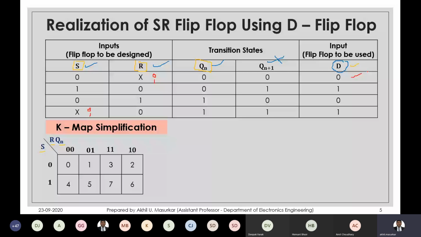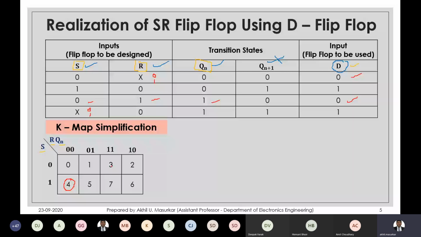Then we have 1, 0, 0. So 1, 0, 0 is, this is 1 and 0, 0 is 4. So 4 is going to be 1. Then we have 0, 1, 1. What is the value of that? 0. So 0, 1, 1 is 3.